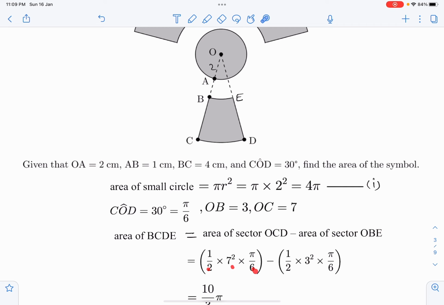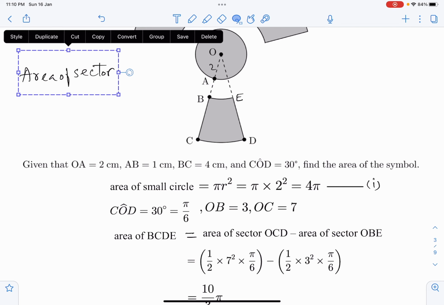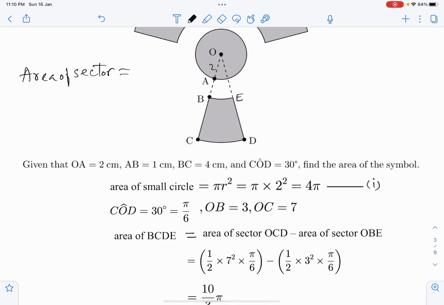We have already seen that formula. Have you noted down the formula? Let me write it here. Area of sector is given by half r square theta, where r is the radius, theta is in radian mode.